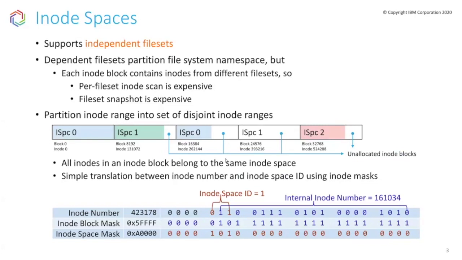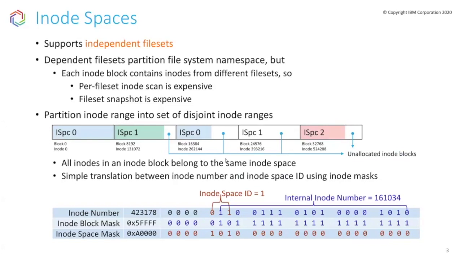The other thing is with snapshots. You might want to snapshot one particular file set, and the problem with snapshots is that, as I mentioned before, snapshot works on the block level. So if you modify the inode of one file set, then the entire inode block has to be copied into the snapshot, and it's very likely that the other inodes in the block might belong to different file sets.